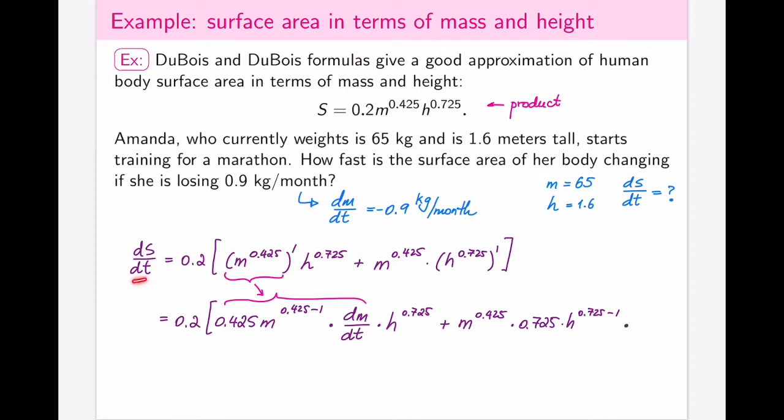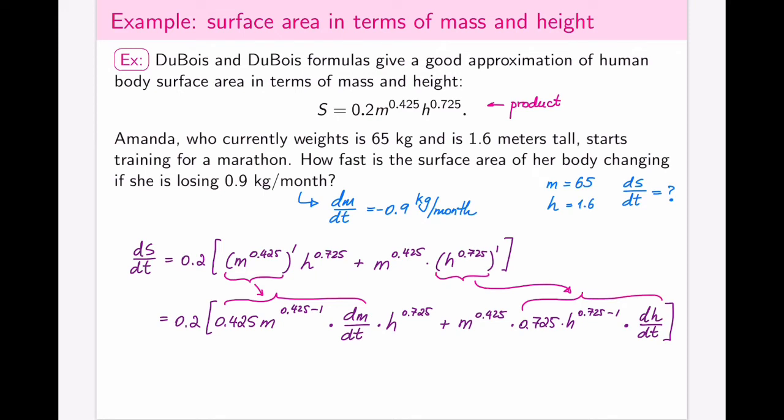I'm taking a derivative with respect to time, so I have to go through dh by dt in order to actually get to the final variable. So I have to follow this up with dh by dt. Okay, so this is a derivative of my h to the power of 0.725.